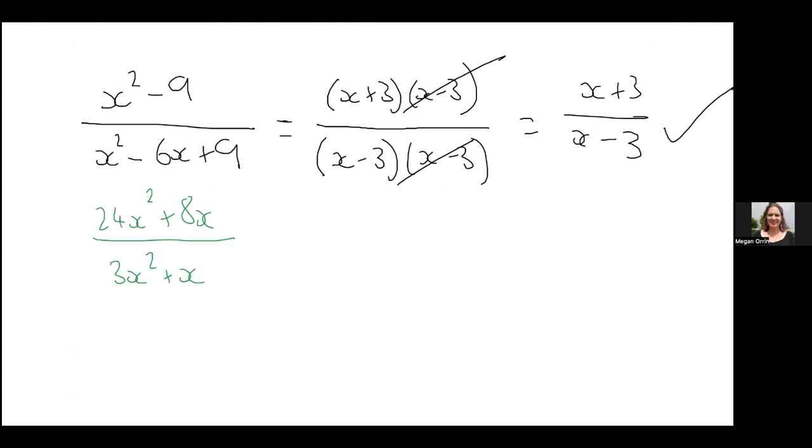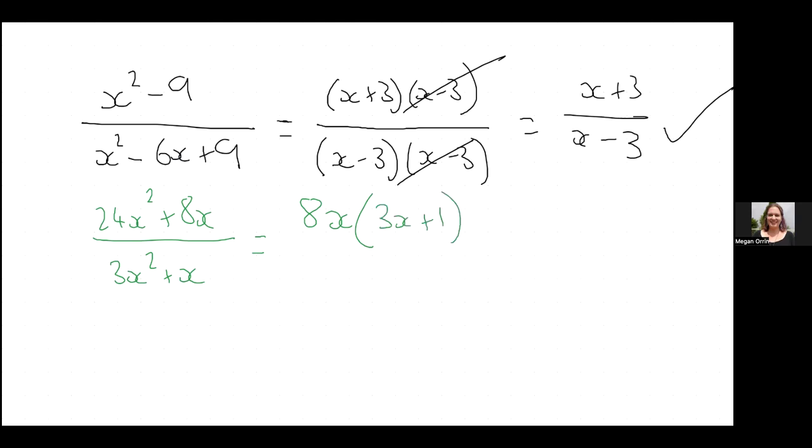What do I always look for first when I'm factorizing? Common factors, good. Samriti, what are my common factors on the top? 8 and x, good. Thanks, Samriti. So what's left? X plus 1. Good, 3x plus 1.